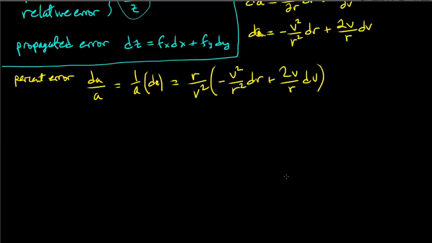So when you multiply all this out, you get that dA divided by a. That should be an a. What do you get?